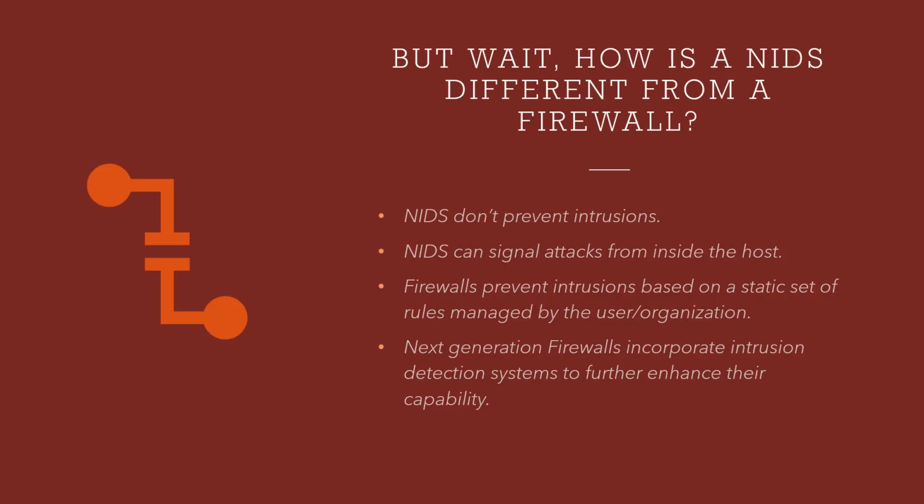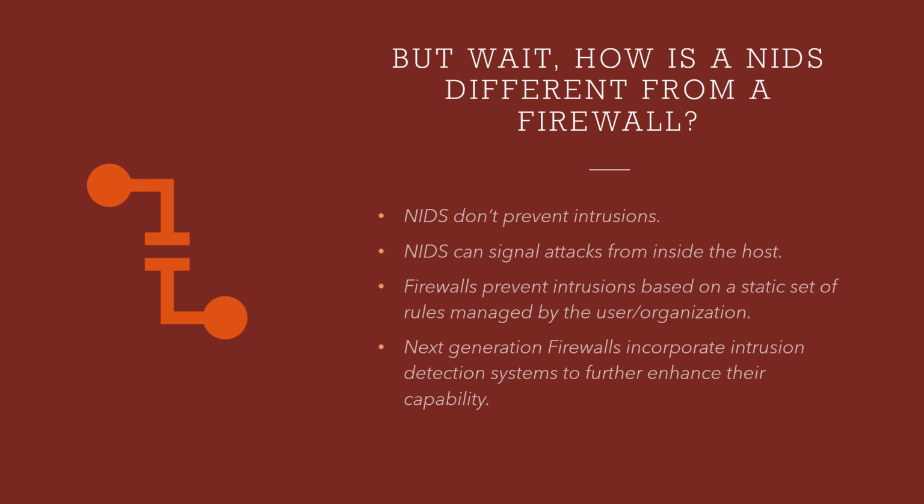And so this might get you thinking, but wait, isn't this kind of what a firewall is supposed to do? No. An NIDS does not prevent intrusions, whereas a firewall has a set list of rules, unless it's a newer firewall, which is beyond the scope of this discussion.